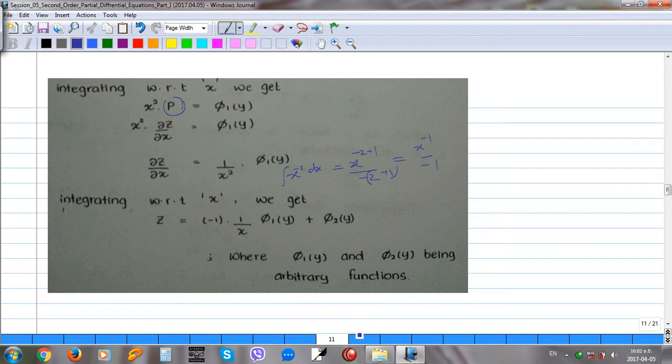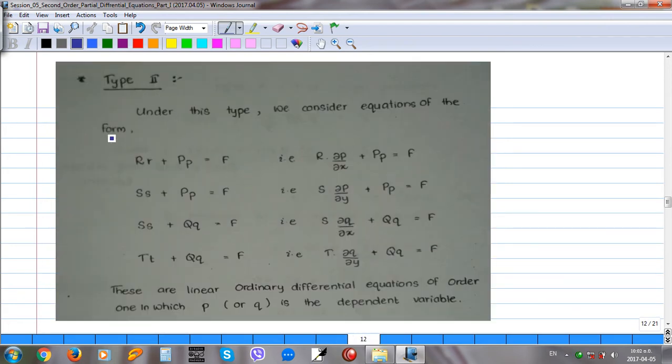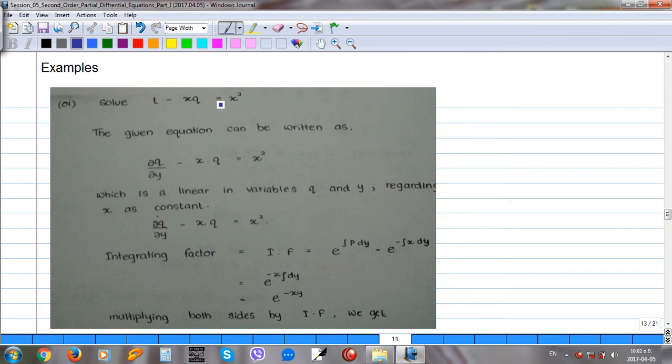Now we will consider type 2 partial differential equations. It means if we can convert these equations to that form, we can solve those as linear ordinary differential equations. Like this is the example: t minus x cube equals x squared. If that is given in that form, you know that t is ∂q/∂y minus x, right?